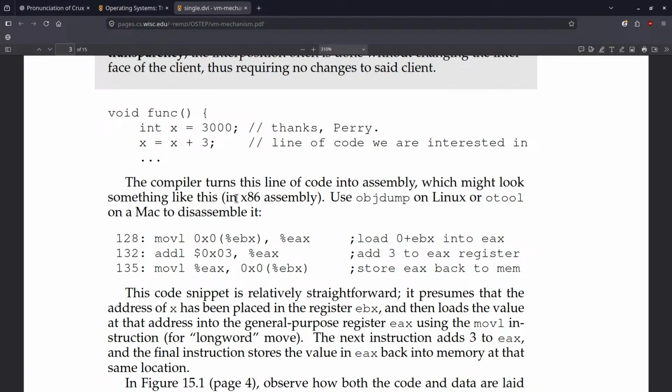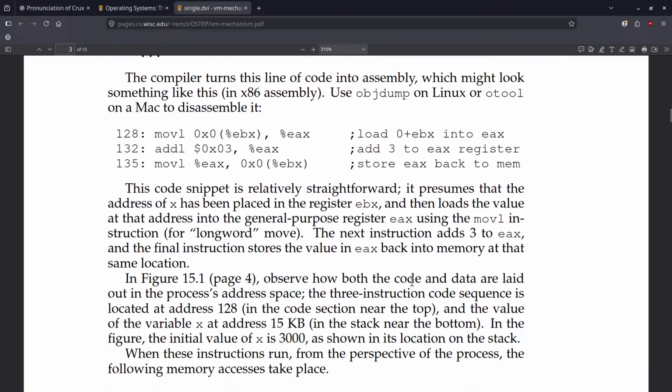It presumes that the address of x has been placed in the register EBX, and then loads the value at that address into the general purpose register EAX using the movl instruction, move long.